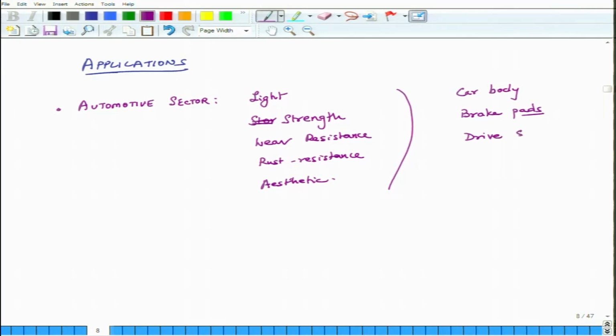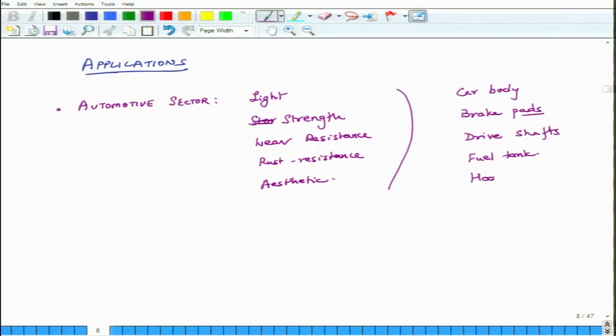drive shafts. Here the purpose is to make things lighter. Fuel tank, again here the purpose is to make things lighter, and also some composites are highly corrosion resistant. Okay. So, that is there.